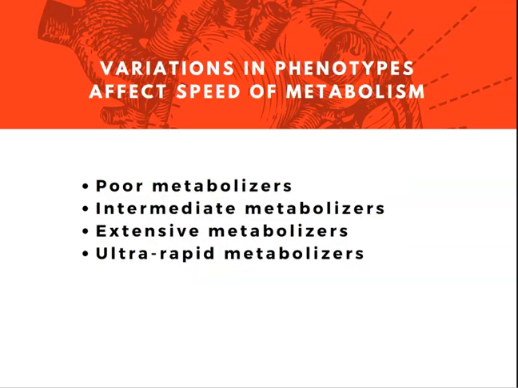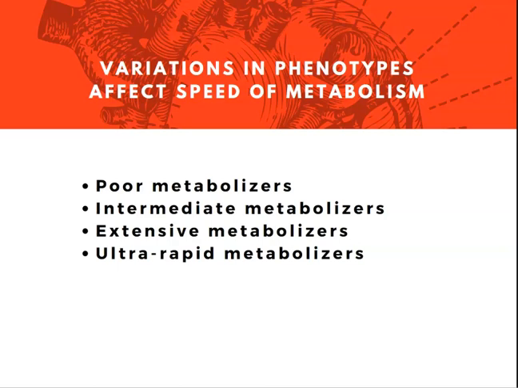So there are variations in phenotypes that affect the speed of metabolism. So if we talk about poor metabolizers, that's homozygous for lack of a working enzyme. Okay, so poor metabolizers have a lack of a working enzyme. Intermediate metabolizers are heterozygous for one working wild type allele and one mutant allele.